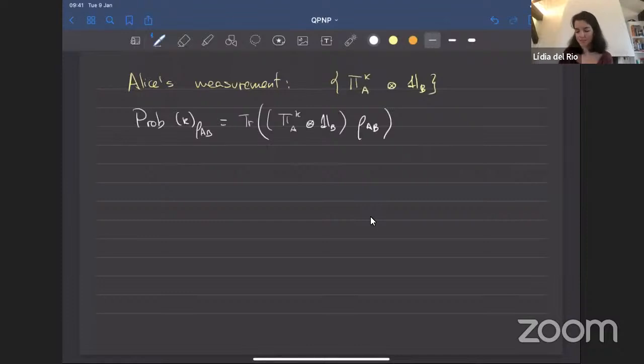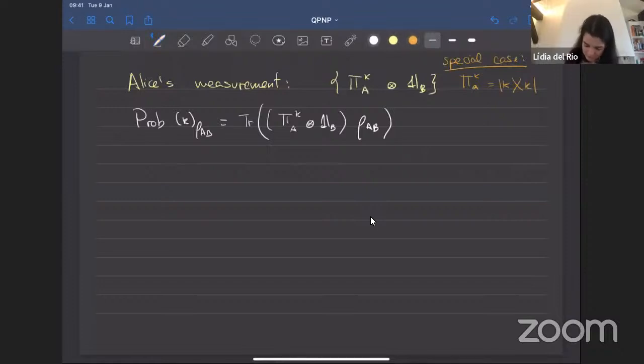Let's just take a special case, and the general case I'll tell you later how you do it. So let's just say that pi k A is a perfect measurement onto one basis element. So let's suppose we do it like this.